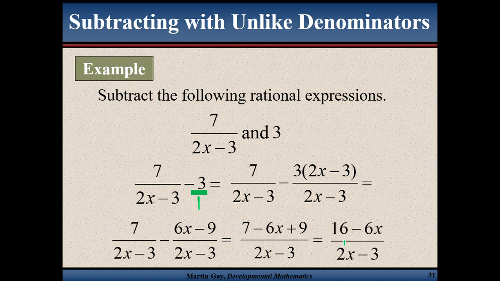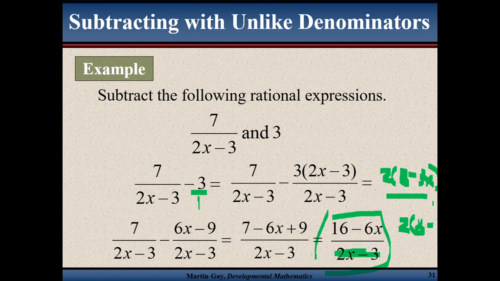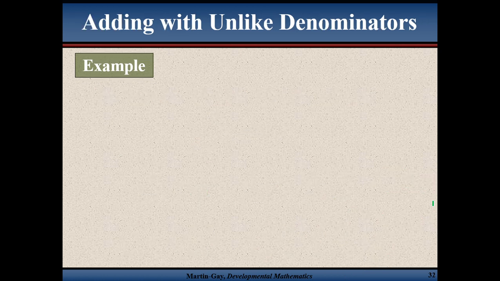Hindi na natin mapa-factor kasi nga, hindi naman to makakancel yan. Pwede na natin sagot na to. Or, kasi ito, pag kinuha natin yung 2, 8 minus 3x. Pwede rin naman yan. Kung gusto nyo. Pero yan, pwede na. Actually.